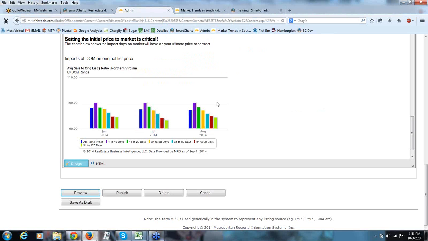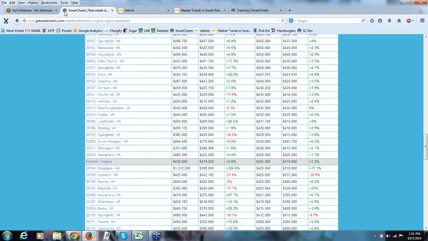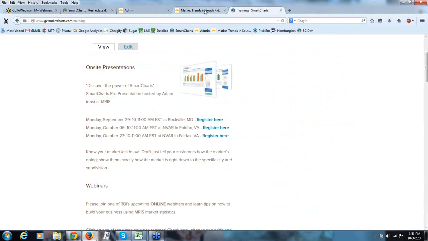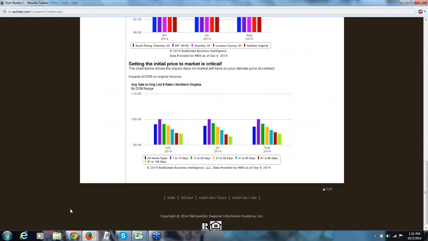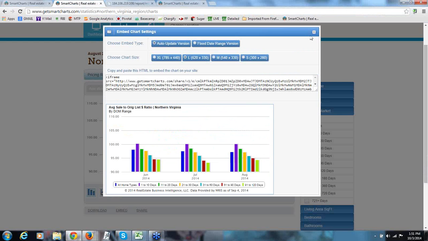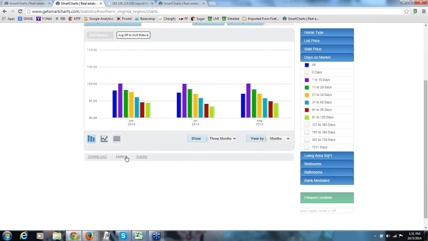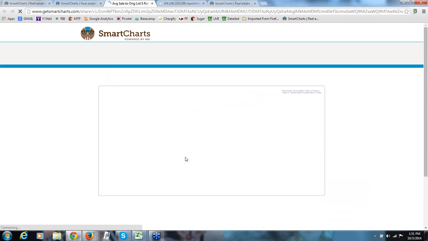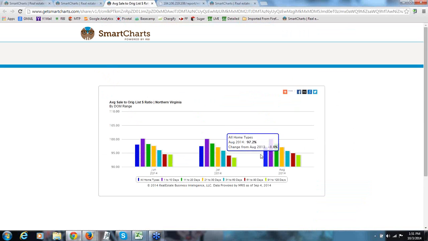While we do have a share function, where was I? There is the option, if you're on Twitter or Facebook, etc., to share the chart. What this will do is point folks that click on your chart in Twitter back to getsmartcharts.com.